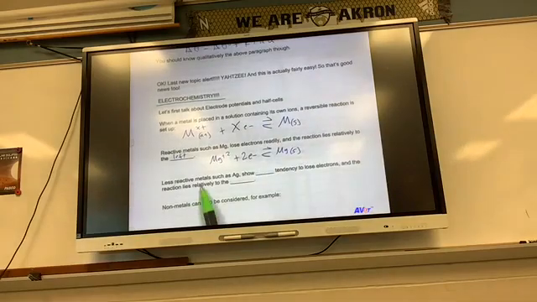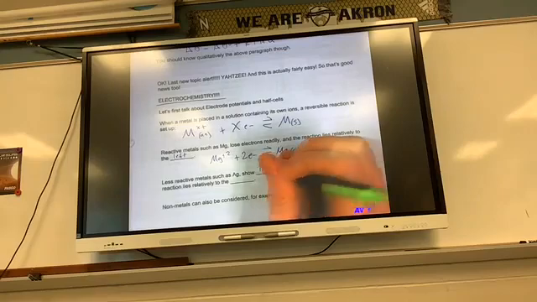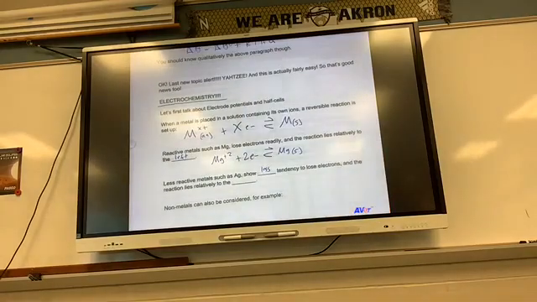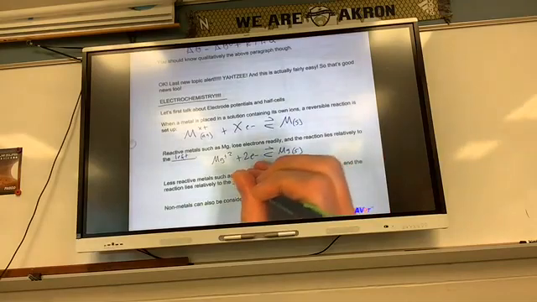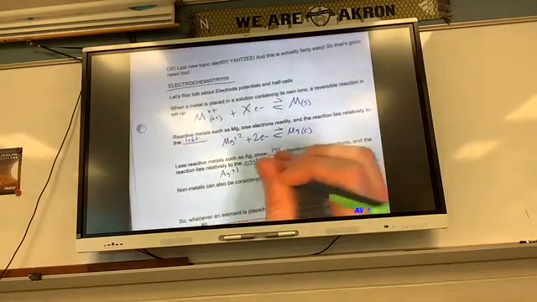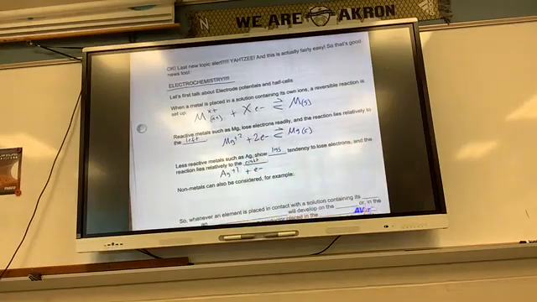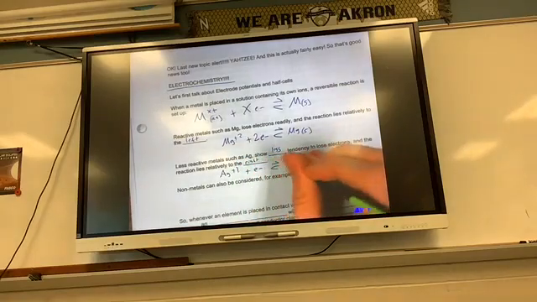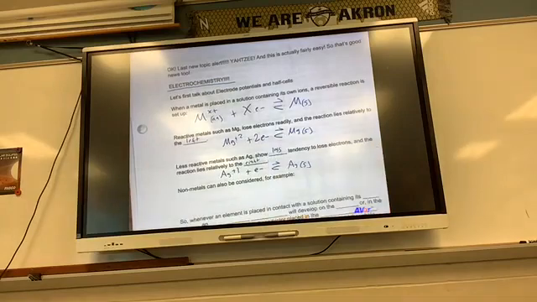Less reactive metals such as silver show less tendency to lose electrons, and the reaction lies relatively to the right. So if I have Ag+, plus that electron, that's in equilibrium with Ag solid.